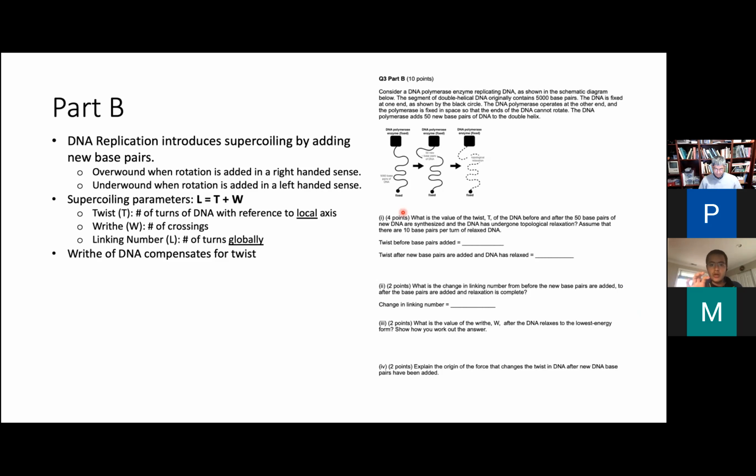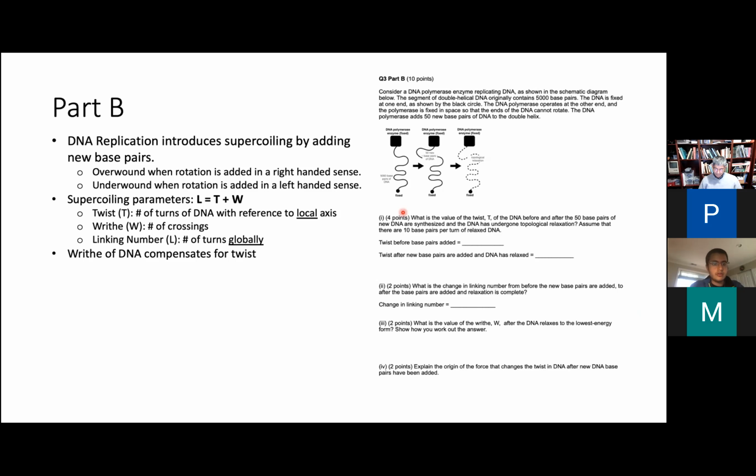But when you're unwinding DNA, it's twisting in a left-handed sense. And the parameters for supercoiling are: twist, T, is the number of DNA turns with reference to the local axis, the keyword being local. W, the writhe, is the number of crossings, so the number of times DNA comes over itself. And then finally, the linking number L is the number of turns globally, again, the keyword being global.